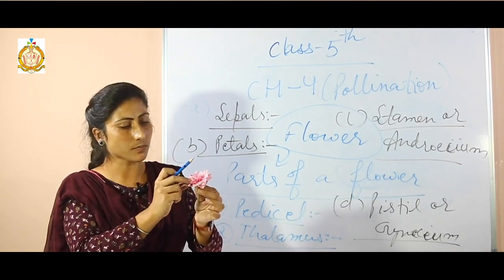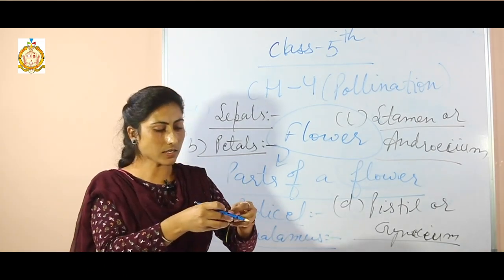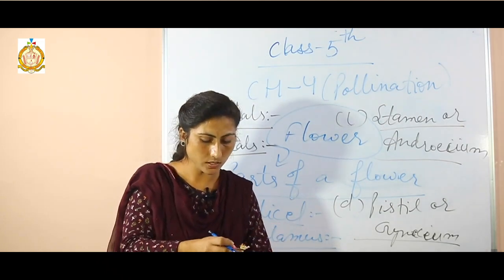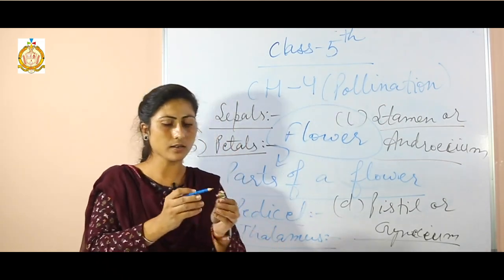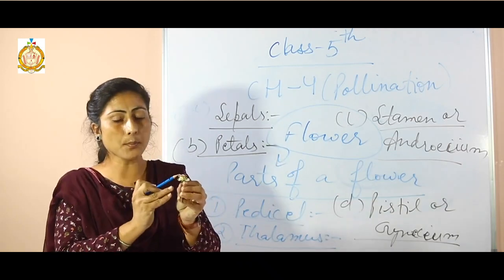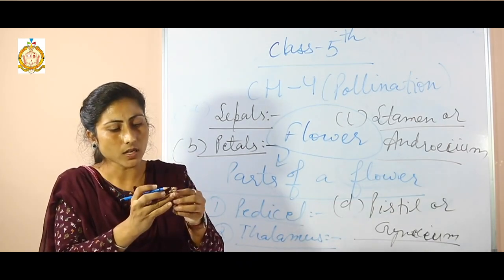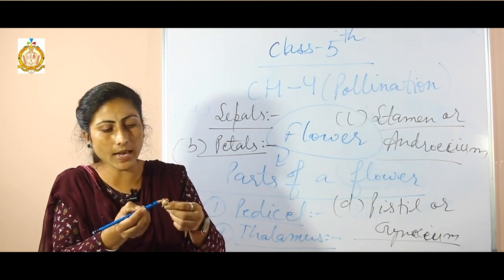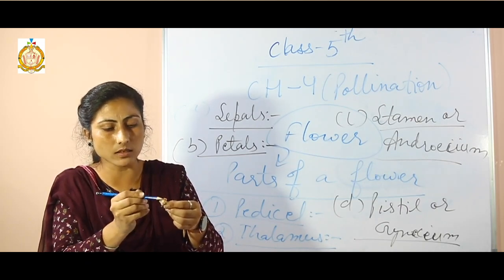These are the petals, and inside you can see the male reproductive part, stamen. Inside the stamen there are two parts, filament and bilobed anther, where pollen grains are there.